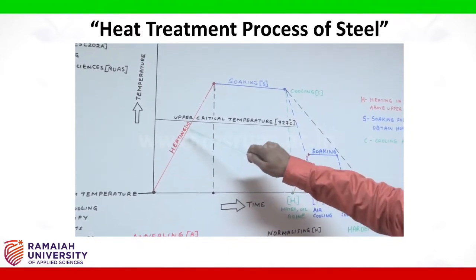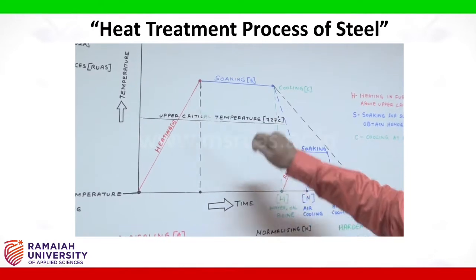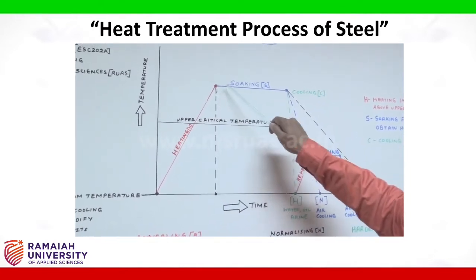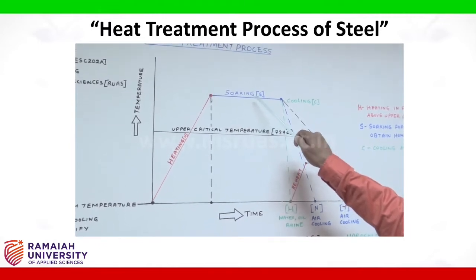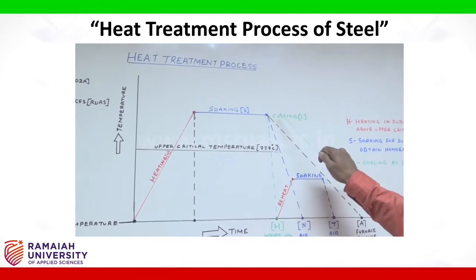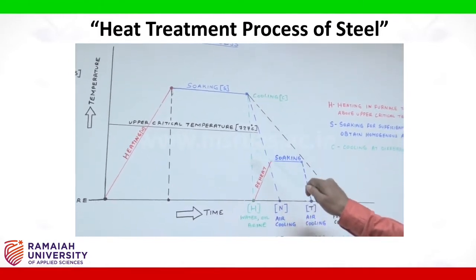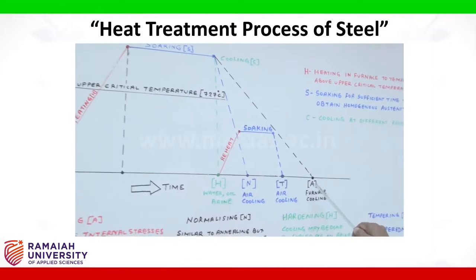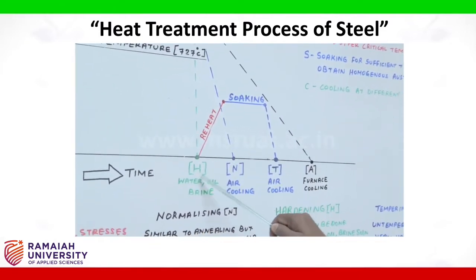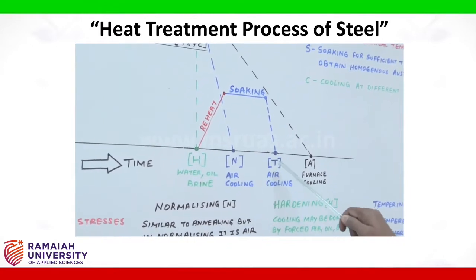So heating has to be done above this for the particular time, and then it has to be soaking. After soaking, then the important process is cooling. During cooling, we get the 4 important processes like annealing, normalizing, hardening and tempering.